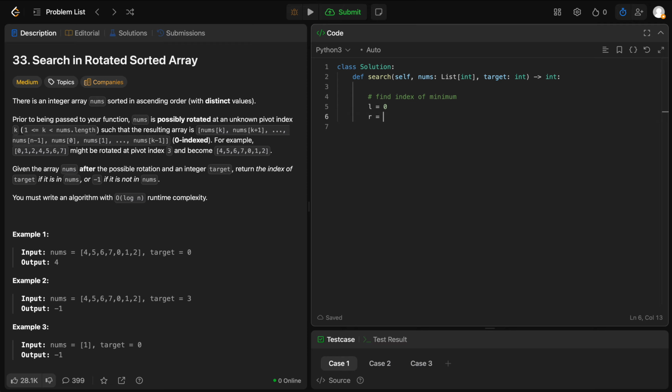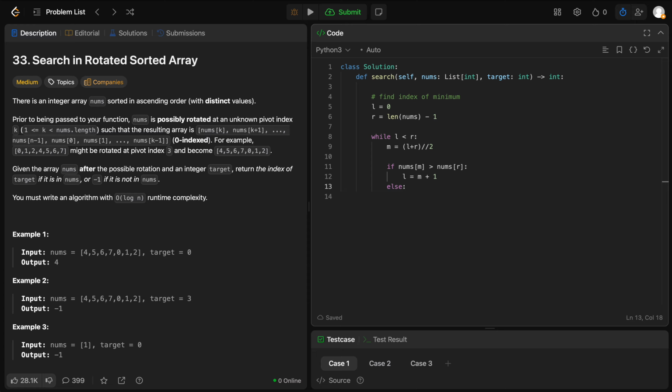I do that, left is 0, right is length of nums minus 1, and while left is less than right, mid is left plus right divided by 2, and so when I search for the minimum, if nums of m is greater than nums of right, that means I am in the rotated part, and that means that left is m plus 1.